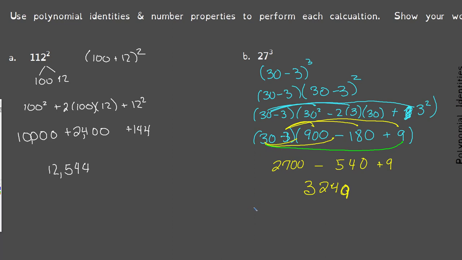So 900 times 30 is 27,000. Now I have 3 zeros. Minus 30 times 180. And 30 times 9 is 270.